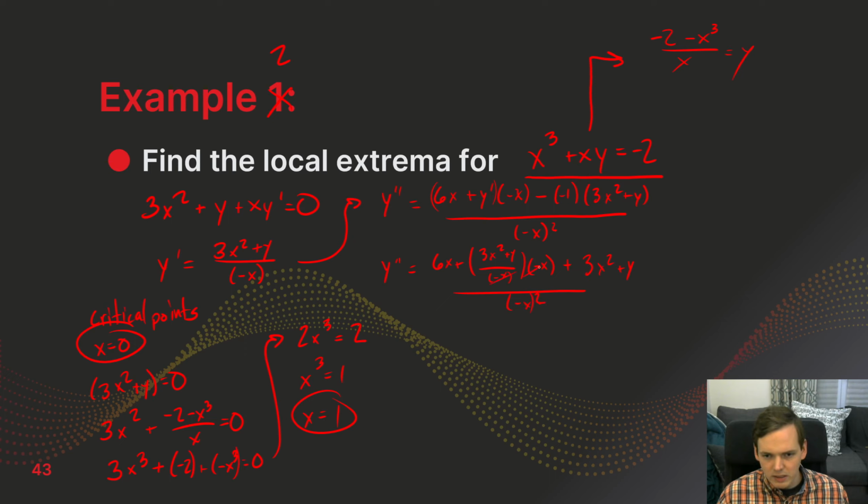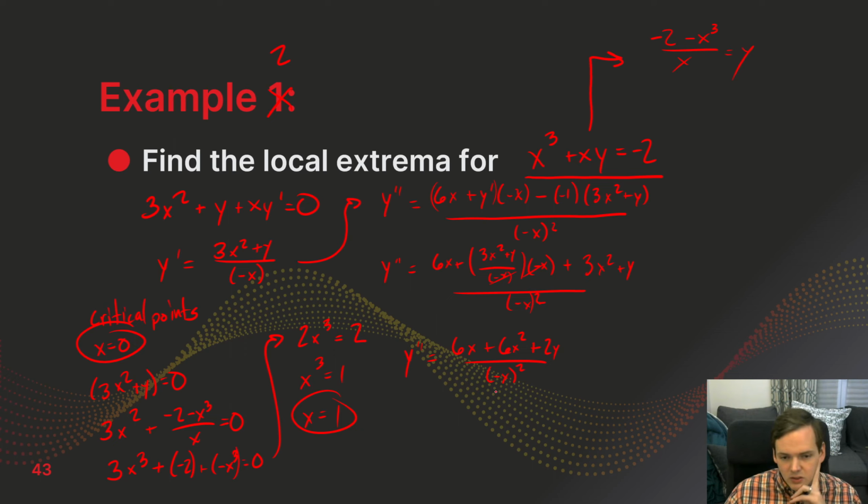The negative x and negative x can cancel. Y double prime is equal to 6x plus 6x squared plus 2y all over negative x squared.